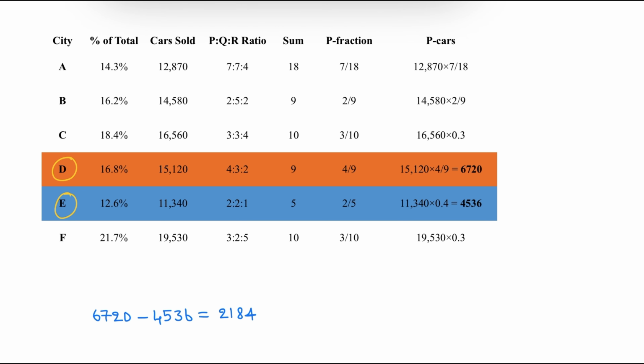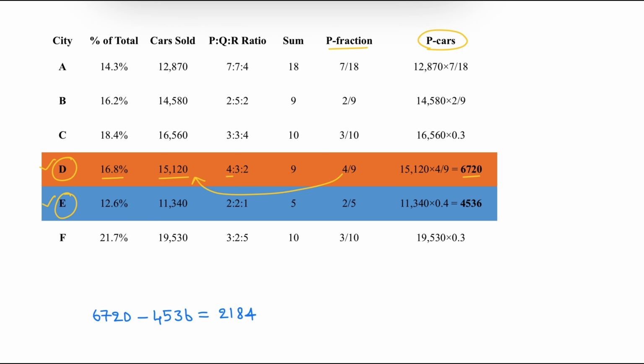So total cars sold in city D is 16.8%. 16.8% out of 90,000 is 15,120. We need to find the P fraction cars. So P is 4 by total sum is 9. 4 by 9 into 15,120. It results 6,720 P cars sold in city D.